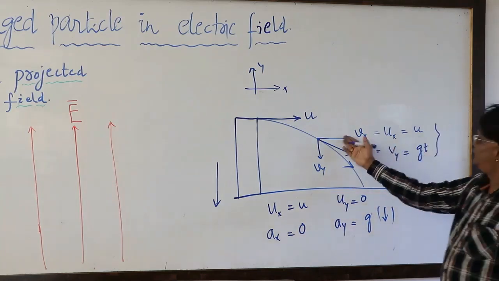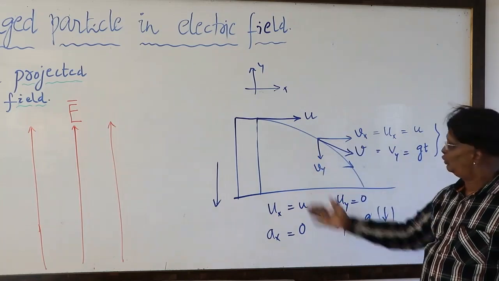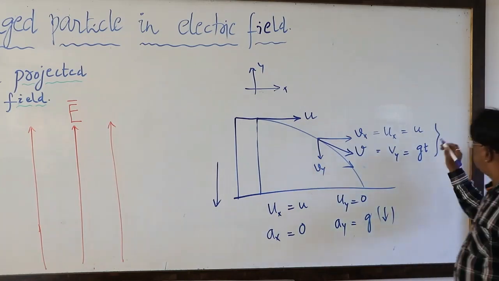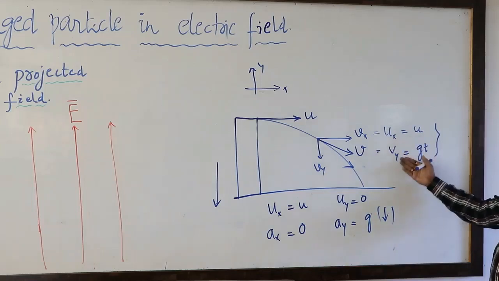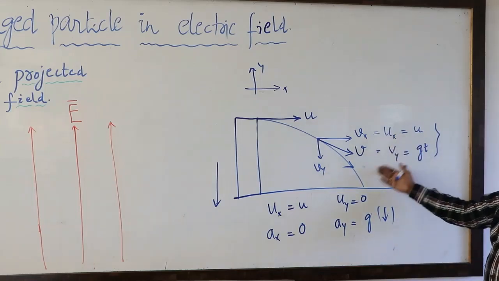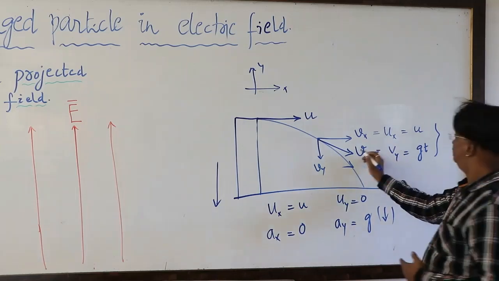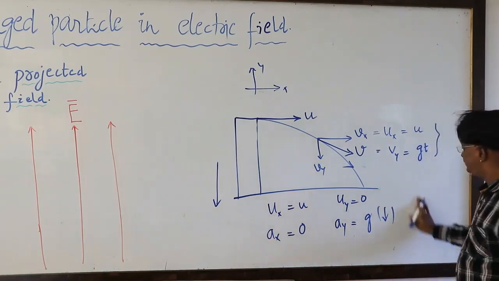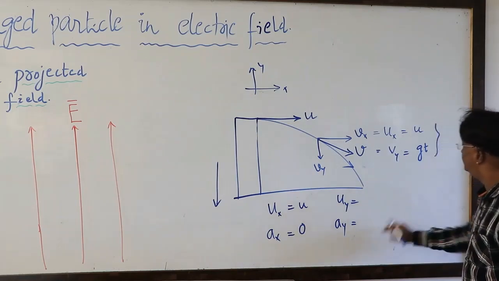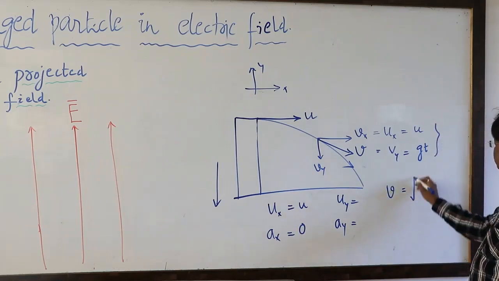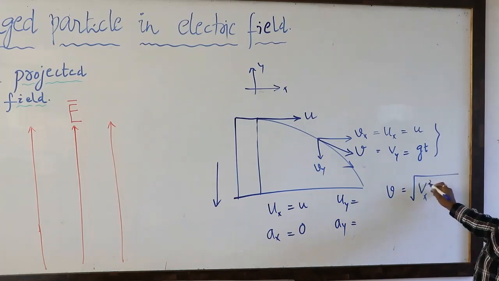So it has two-dimensional velocity, one-dimensional acceleration. Therefore, when it is ux, vx and vy, two velocity components, what is the velocity of the particle? The velocity of the particle is given by v is equal to root of vx square plus vy square.